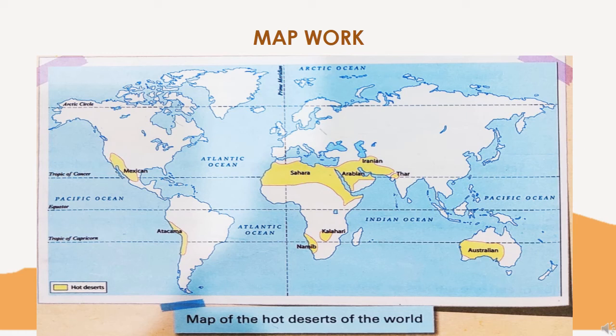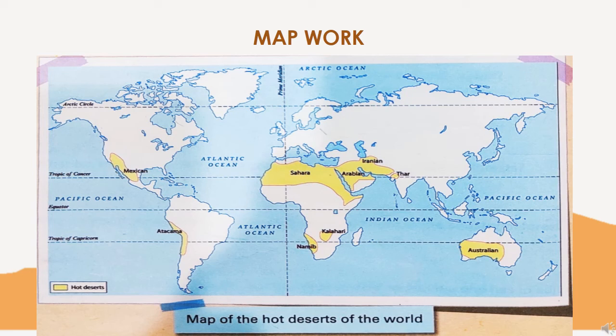So now children, we will start from the north side, that is from the equator towards the north. You can see first the Mexican desert, which is at the southern part of North America. So please mark the Mexican desert there. Then moving towards Africa, the continent of Africa has a very large part of desert, and Sahara Desert is the largest desert of the world.